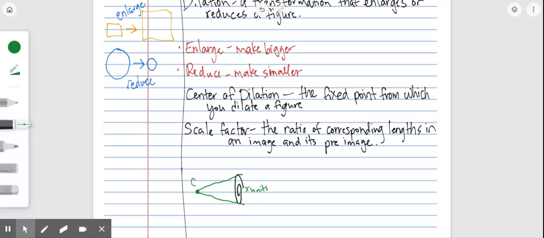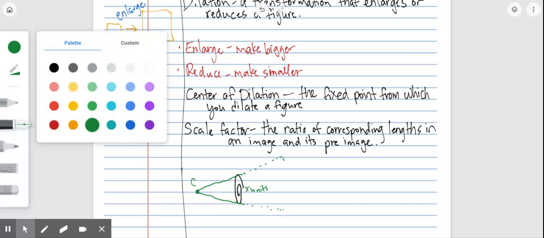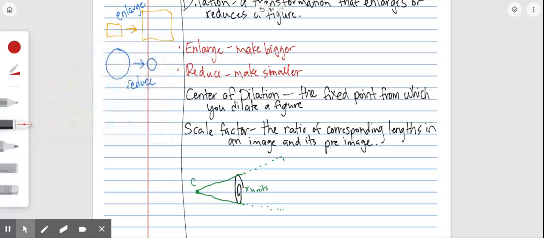If I want to scale it, then I could continue these lines to a certain point and then draw my new scaled version of my paperclip. And it's scaled by some unknown amount, so this is Y units, okay?